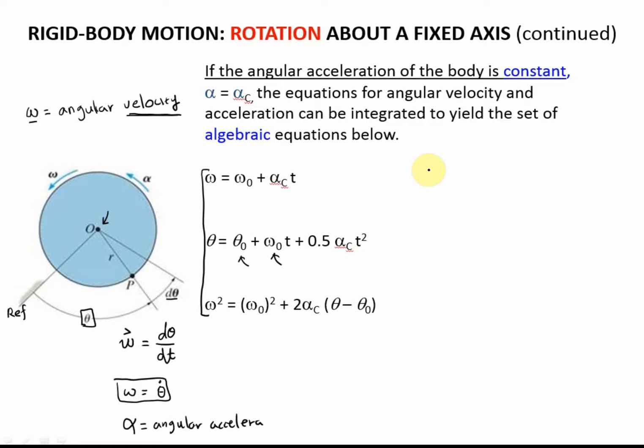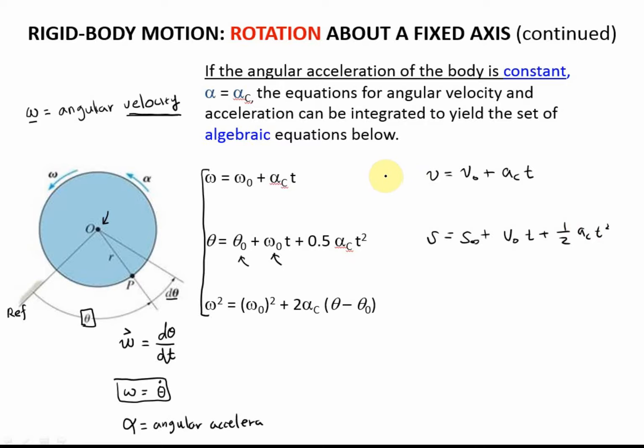When we talk about rectilinear motion, your velocity can be determined by the initial velocity plus constant acceleration times t, and your position s can be determined by your initial position plus initial velocity times t plus 1 over 2 a t squared.